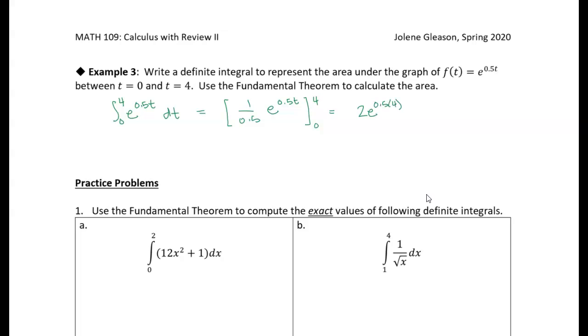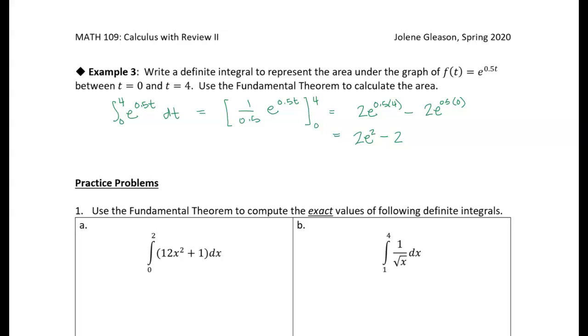I didn't mean to write an equal sign, I meant to write a minus sign. Then we evaluate at the lower limit, 0: 2e to the 0.5 times 0, which is just e to the 0, which is 1. So we end up with 2e squared minus 2 times 1, which is 2.